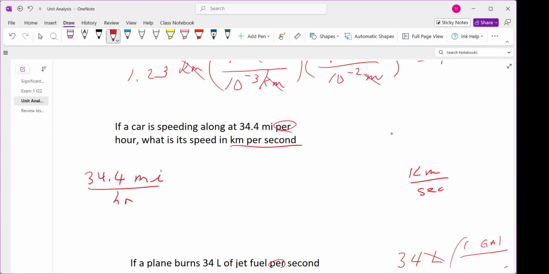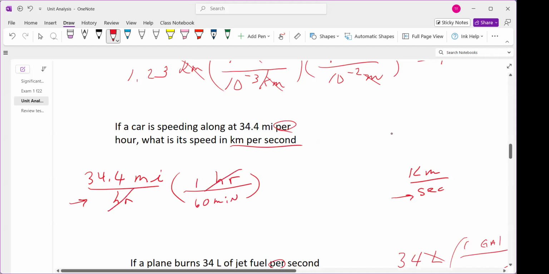That's the denominator. So we need to go from hours to seconds. Now, hours has to cancel, so it has to be in the top, because if it's on the bottom, it won't cancel.